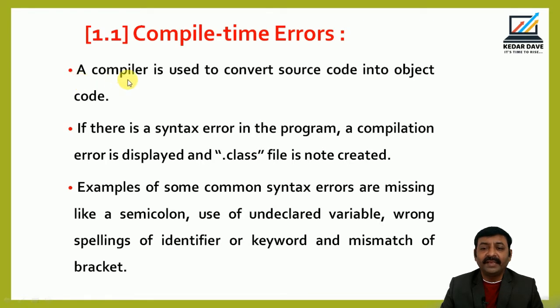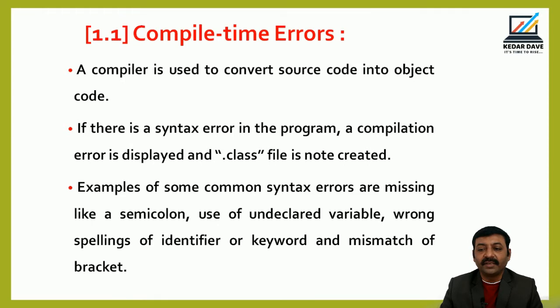A compiler is used to convert the source code into object code. When you write source code in the text editor, after that you have to compile that program, and the compiler compiles it and converts the source code into object code.